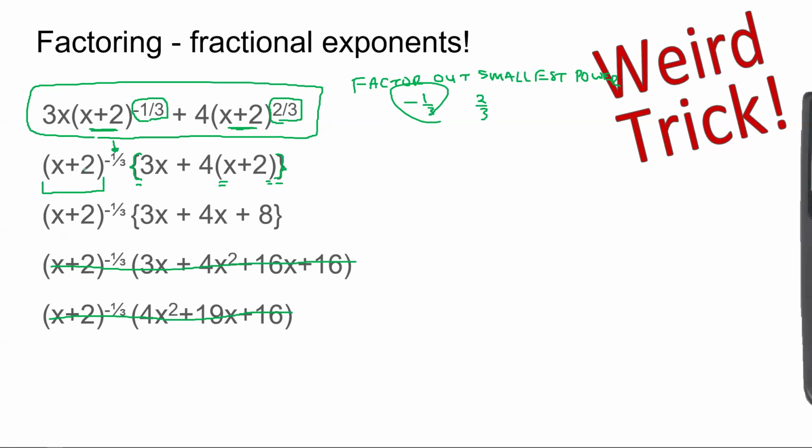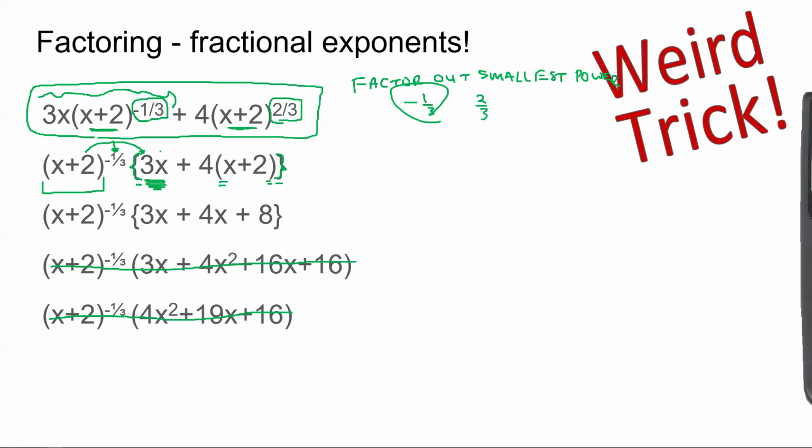I pulled out x plus 2 to the negative 1/3. And now I need to figure out what can I multiply by x plus 2 to the negative 1/3 to get this whole thing right there. All right. Well, all of it came out except for the 3x. So just put the 3x there. And when you distribute, you'll be back where you started.